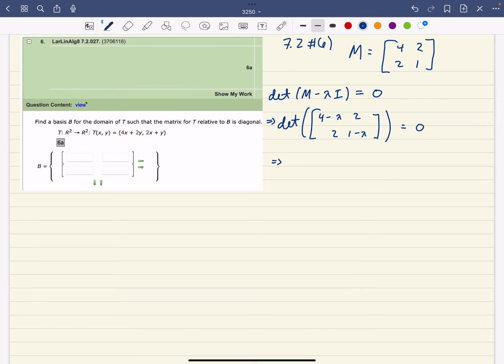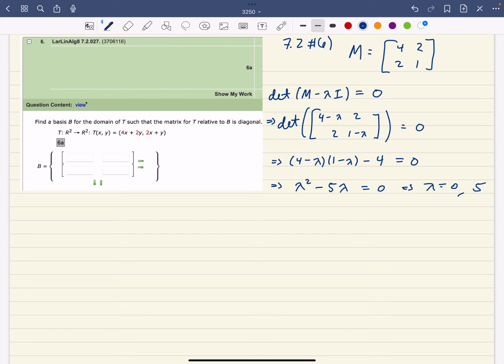That gives us 4 minus lambda times 1 minus lambda minus 4 equals 0. Finding the determinant gives lambda squared minus 5 lambda plus 4 minus 4. And so our eigenvalues will be 0 and 5.